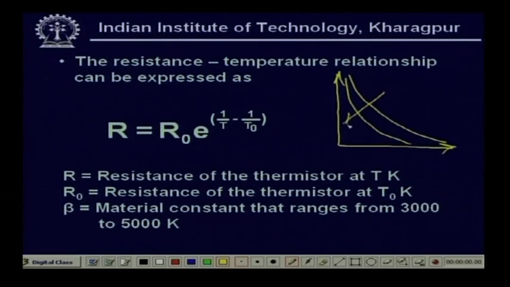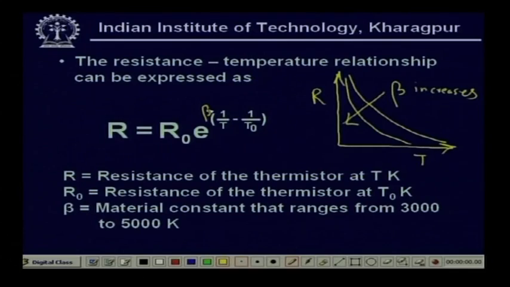That means beta increases in this direction. As you can see, if the beta increases, the sensitivity of the thermistor also increases. That means, for the same rise of temperature, I will get a higher decrease of resistance. So, that is always an advantage for making any instrument, that the instrument should be more and more sensitive. Clear?